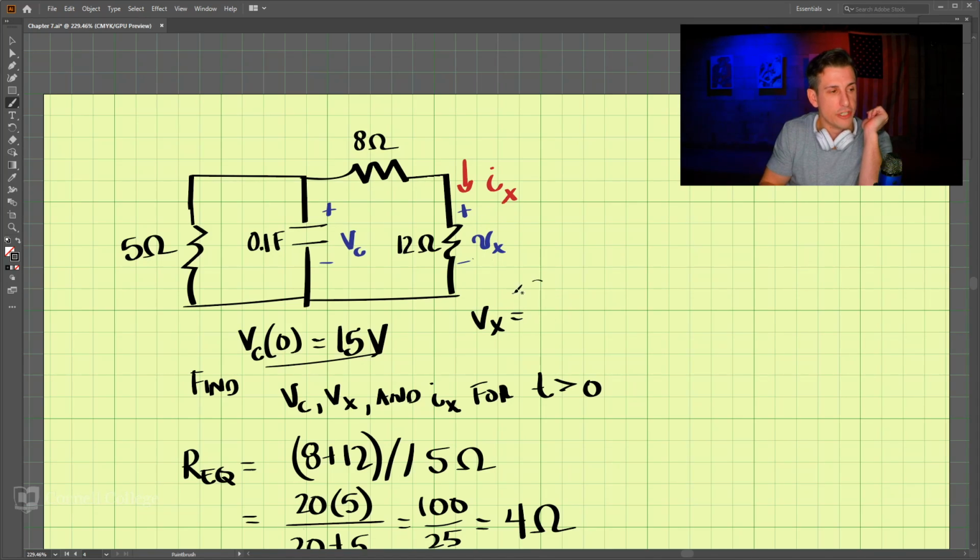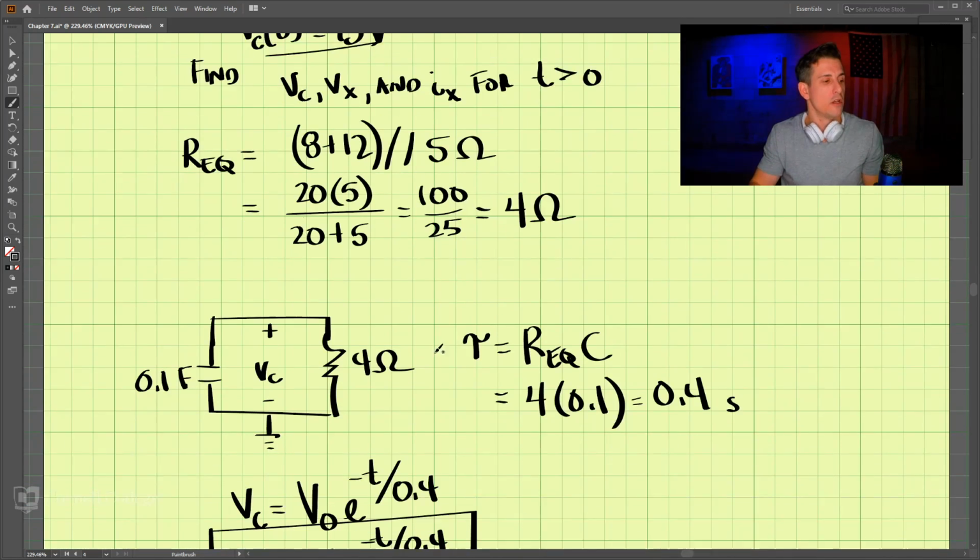We can use voltage divider, which is going to be 12 divided by 8 plus 12 times Vc, because up here is Vc, and we can figure out the voltage across there using this.